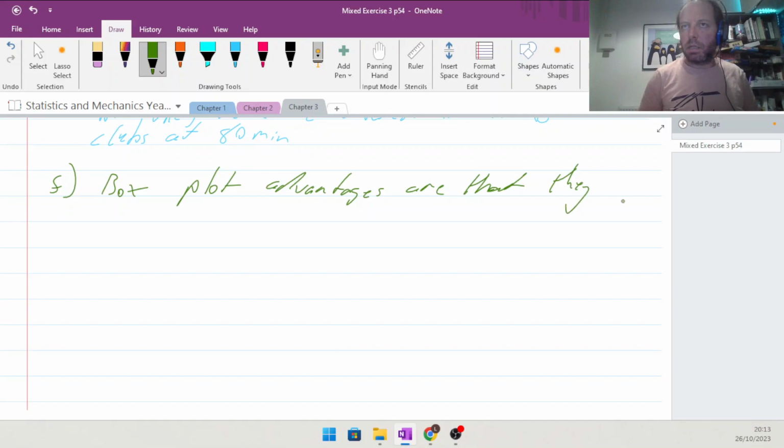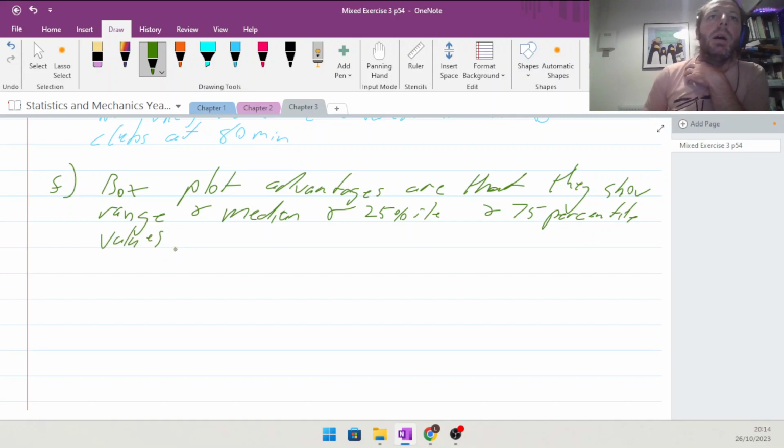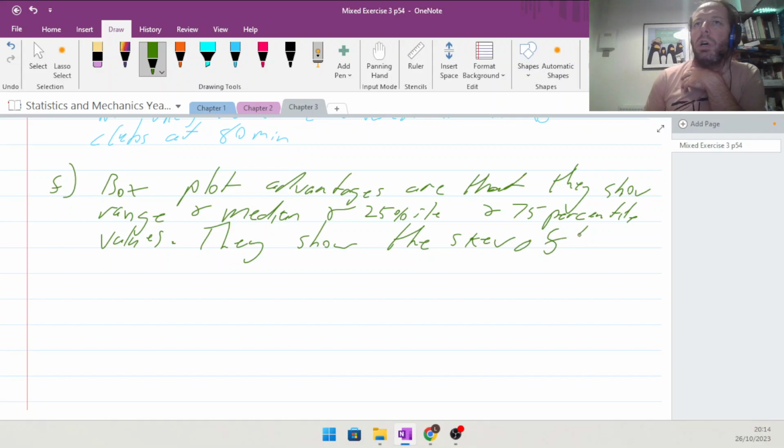Box plot advantages are they show range and median and 25 percentile and 75 percentile values. They show the skew of the data.